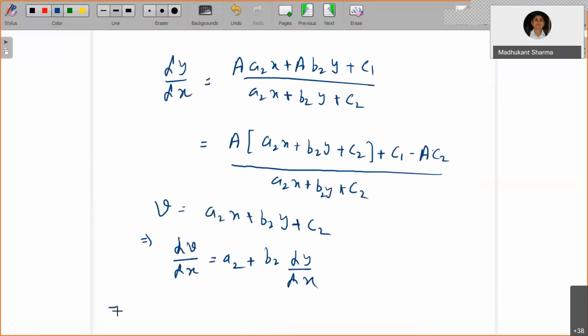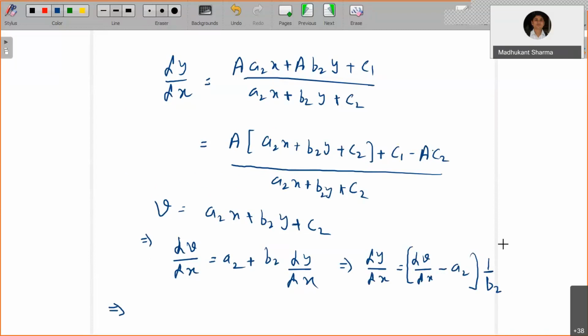What you will get is, from here, dy by dx equals dv by dx minus a2, times 1 by b2. Obviously, whenever we are performing a division, b2 should not be 0.